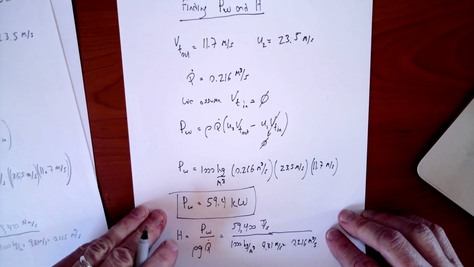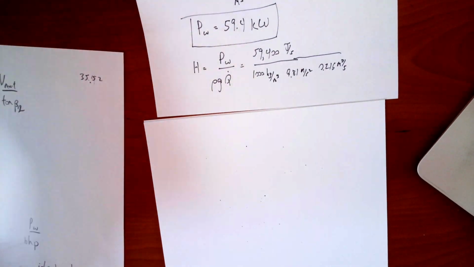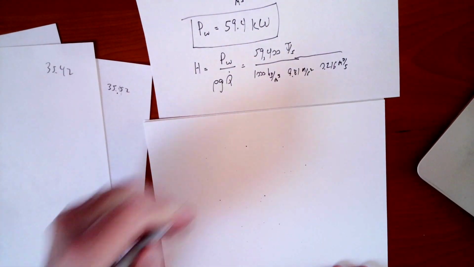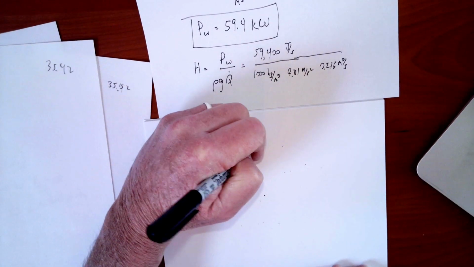We crunch that into our calculator. We find that the net head for this pump is 28.0 meters.